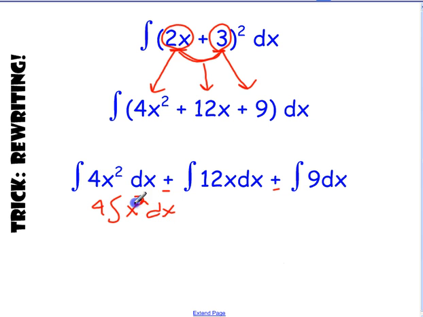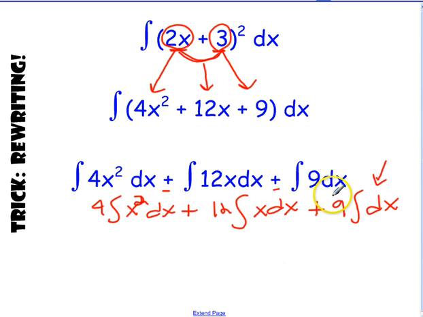And then I could pull out the 12 and take the antiderivative of x dx. And then I could leave the 9 in there if I want, or I could even pull out the 9 and take the antiderivative of just plain old dx. But I'll tell you, sometimes that confuses people, so I like to leave it inside most of the time. So let me get rid of that right there.